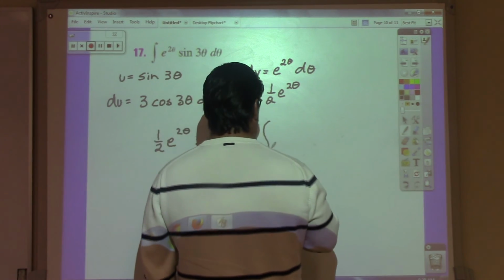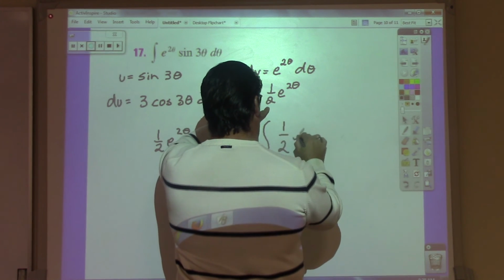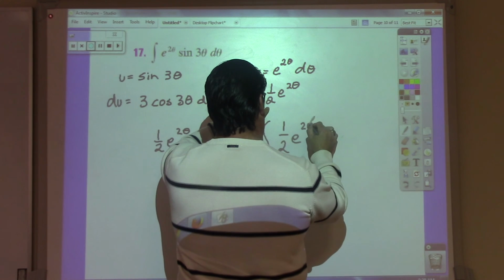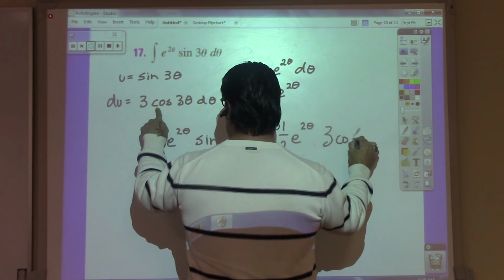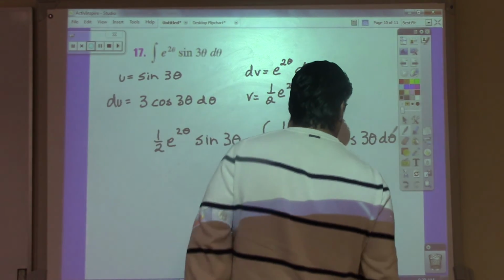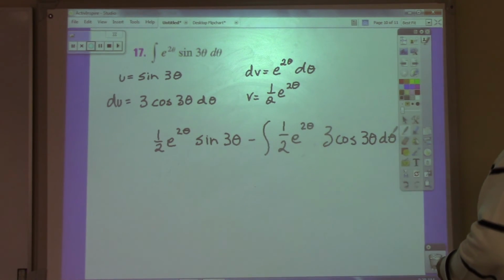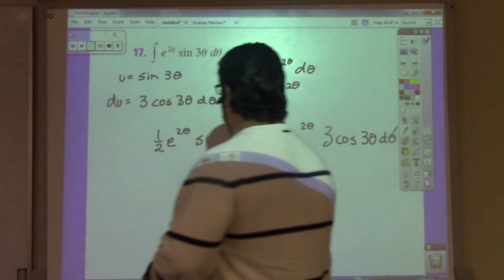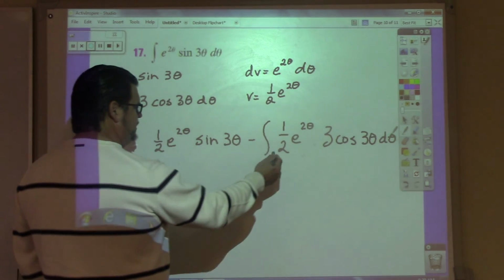the antiderivative of v du: 1/2 e to the 2 theta, 3 cosine 3 theta d theta. We're going to have to clean up a little bit. So this can't be cleaned up, but this can.